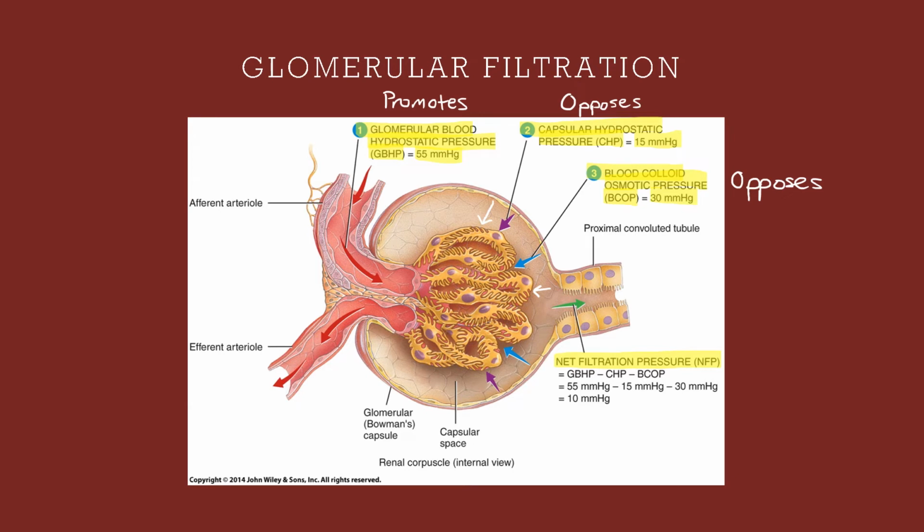As the GBHP promotes filtration and the other two oppose filtration, we're going to subtract CHP and BCOP from the GBHP. So we have 55 minus 15 minus 30. Therefore, a pressure of only about 10 millimeters of mercury causes a normal amount of blood plasma to filter from the glomerulus into the capsular space.